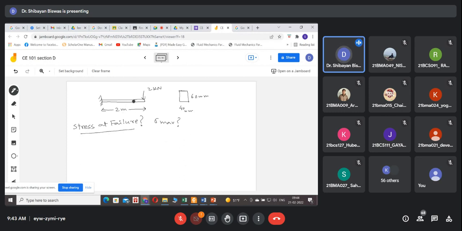Before that, tell me what is the maximum bending moment happening from this beam loading combination, from this cantilever beam acted on by 2 kilonewton load. What is the maximum bending moment?